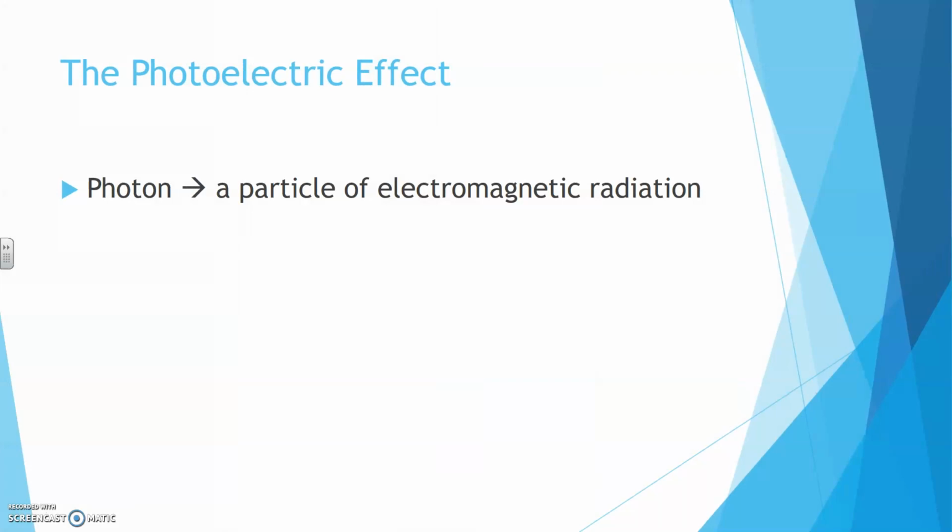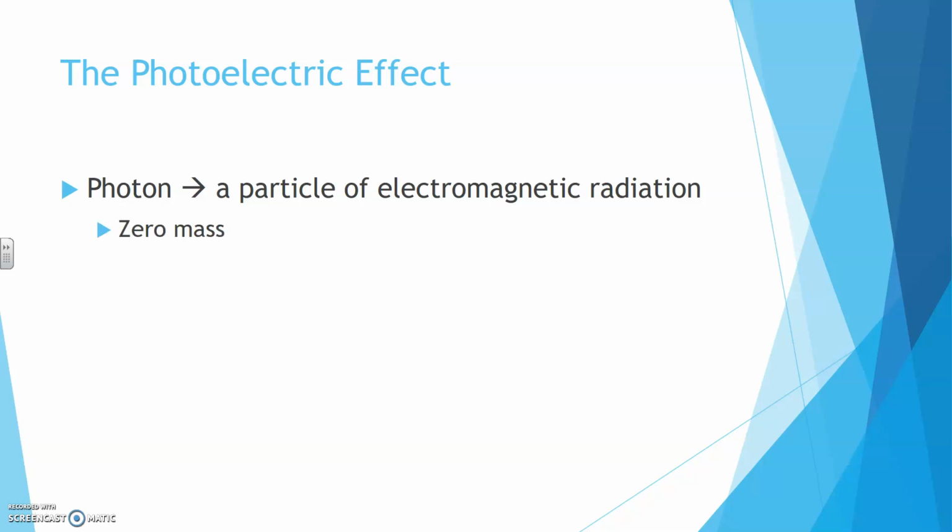All right, so now with going back into the photoelectric effect, you also have photons involved. Okay, so the photons are particles of electromagnetic radiation. They are weird. They act as both a wave and a particle, so they have kind of a duality to them, which is very strange and difficult to work with.